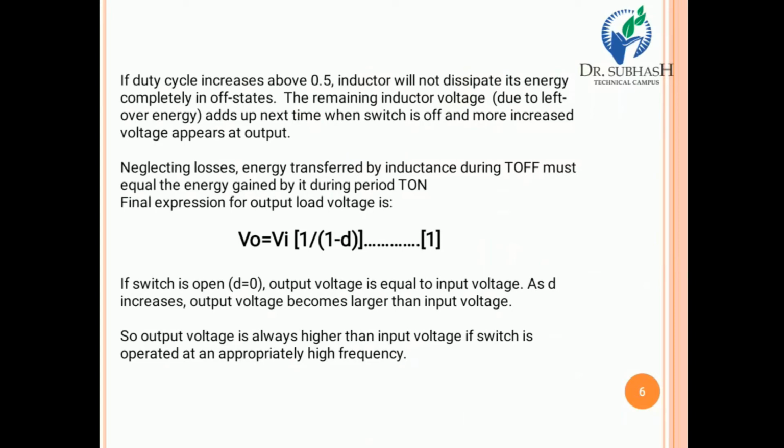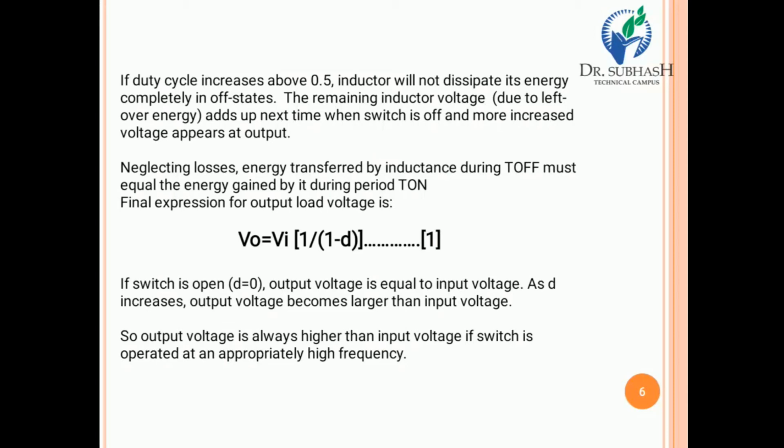Now if the duty cycle is increased above 0.5, the inductor will not dissipate the energy completely in the off state, right? The remaining inductor voltage adds up for the next time the switch is off, and the output voltage increases more.